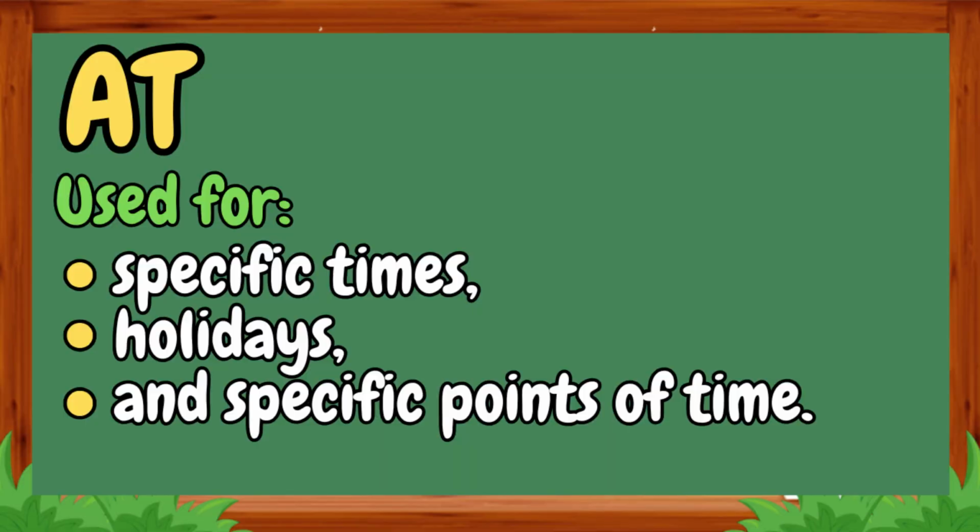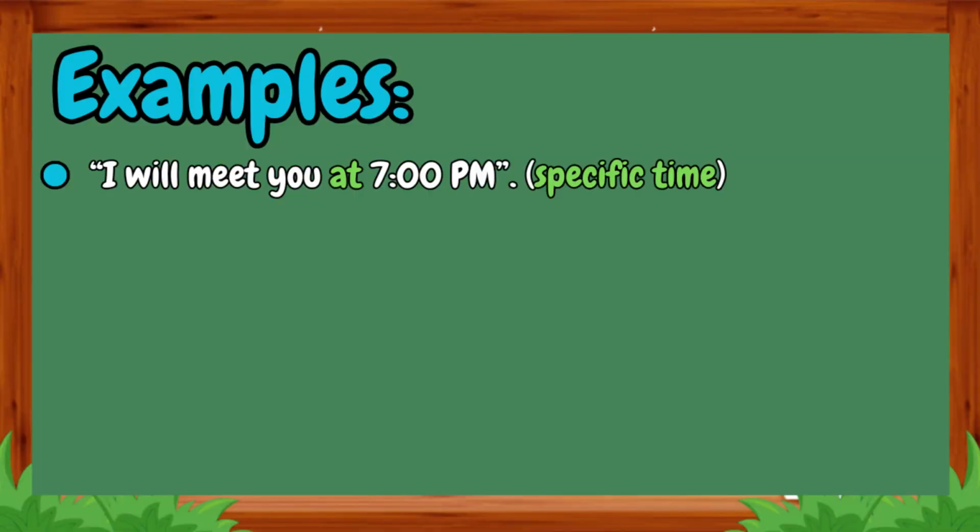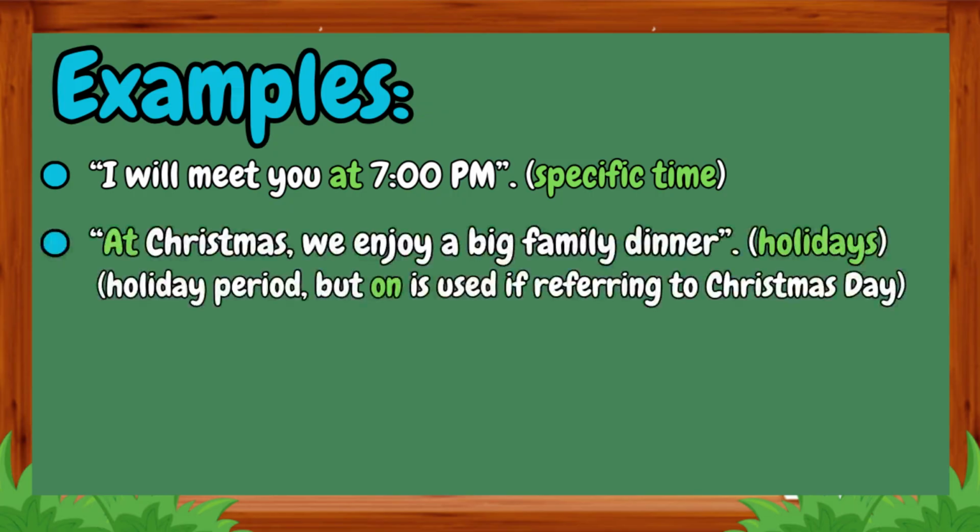At is used for specific times, holidays, and specific points of time. And of course, let's also look at some examples. Our first example is: I will meet you at 7 p.m. So a specific time. At Christmas, we enjoy a big family dinner.